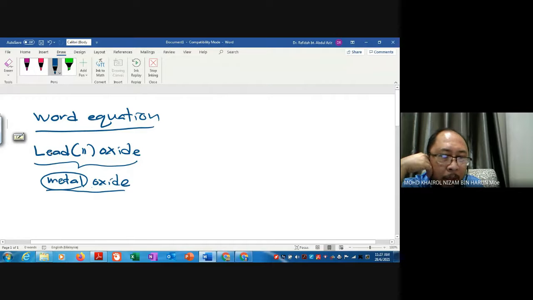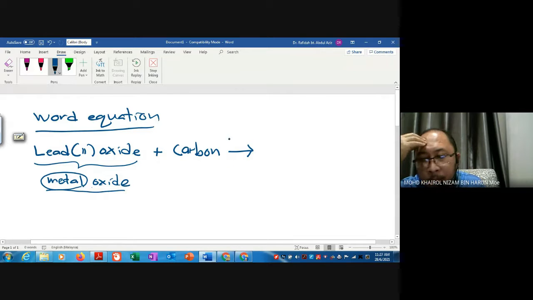So now we have lead oxide, a compound, and we react it with carbon. When we react with carbon, we heat it in the process.